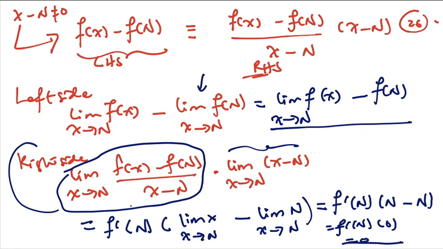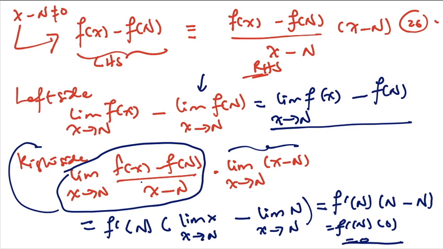And when it doesn't exist, what does it mean? Limit doesn't exist, isn't it? It would not possess a limit. So, because f prime n does exist, the left hand side and right hand side have limits.